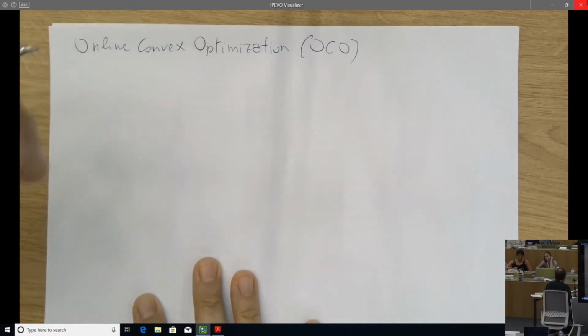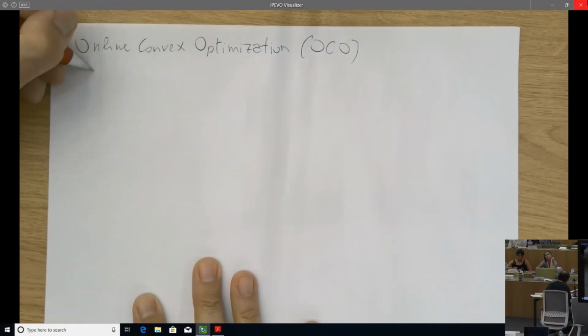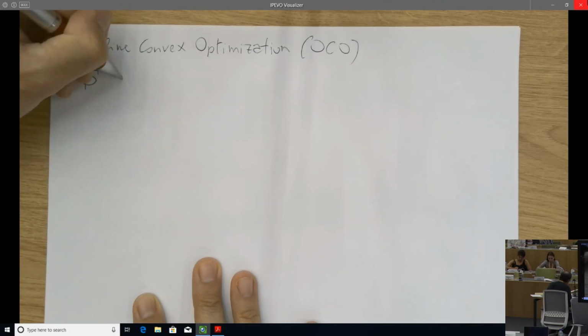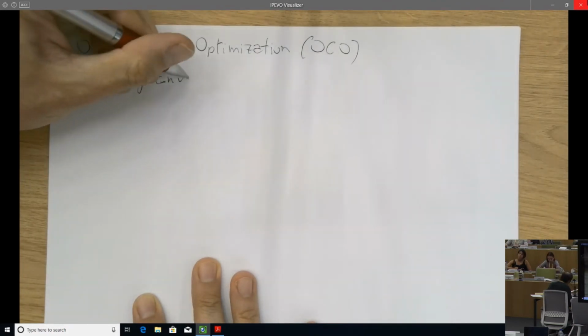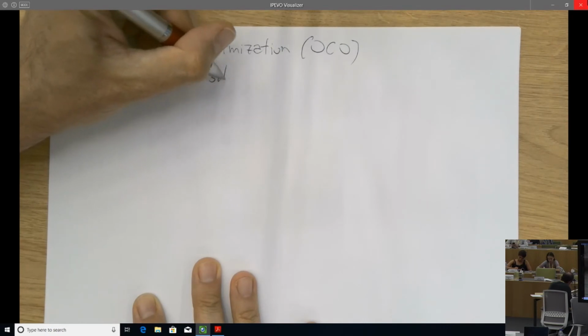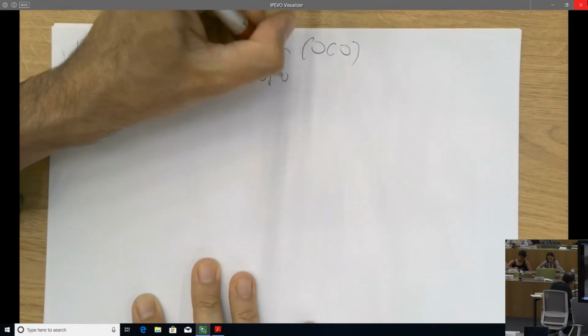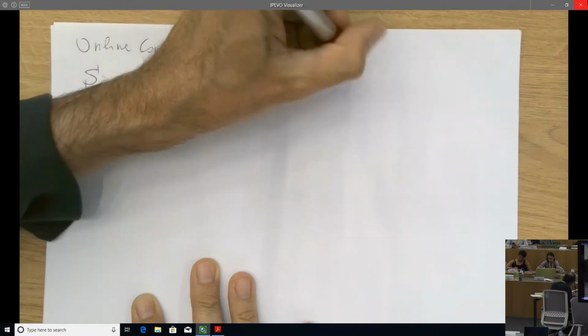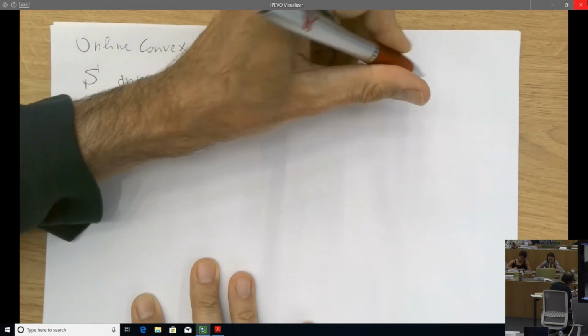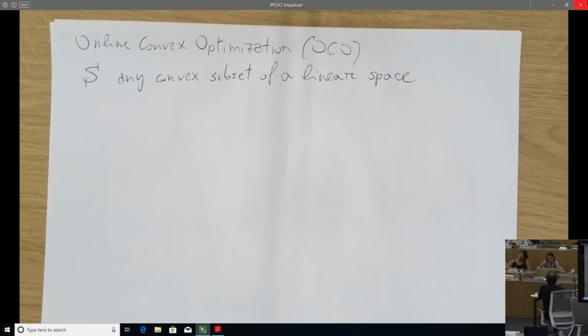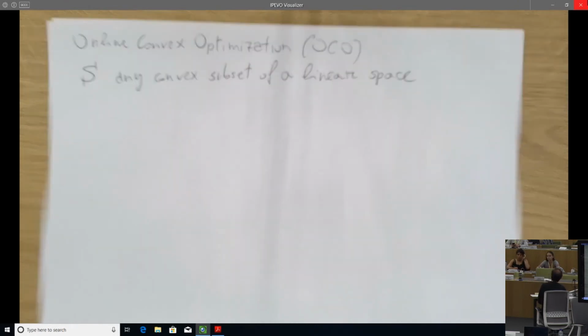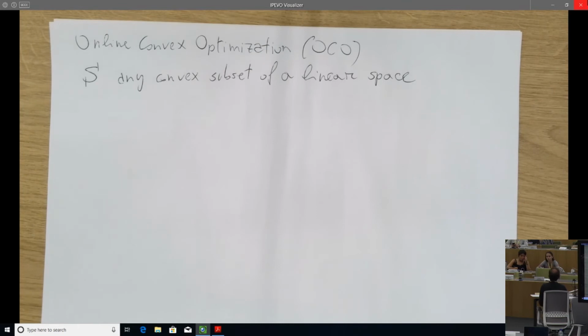So we can assume now that our decision set is S, which is any convex subset of a linear space. This can be the simplex, but it can also be the set of all positive definite matrices with rank or norm bounded by something. It can be very general, because you can define linear spaces everywhere.